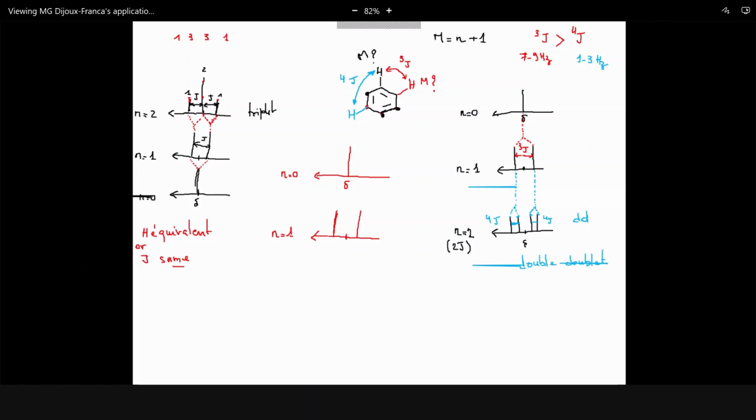I'm sorry, I can't draw properly. If n equals 2, it's the same.